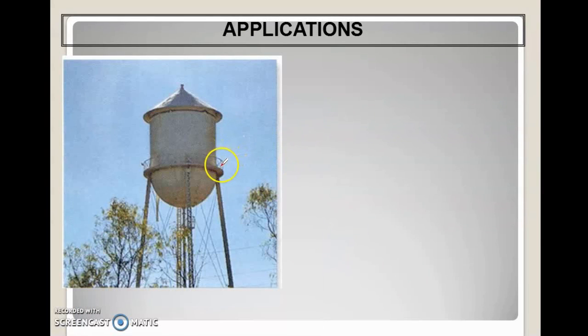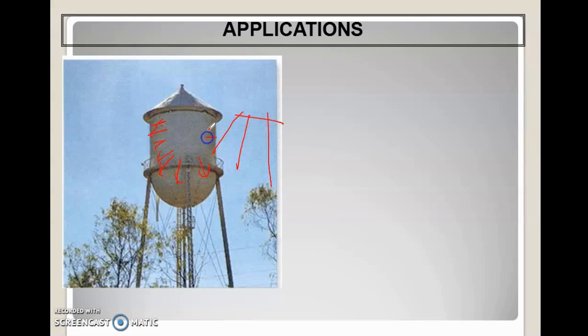Let's say we want to design a structure to support the tank here. The structure is like this. So we want to know the force coming from the tank. The tank has water inside, so of course the water will give a distributed load.